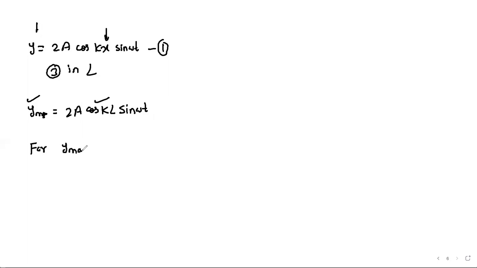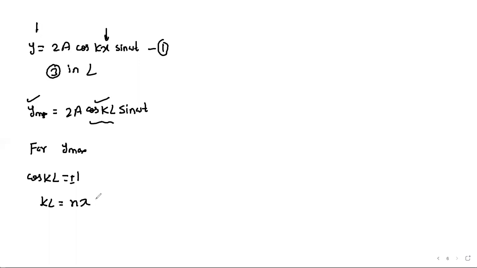So for y max, your cos kL should be equal to 1. This could be maximum only if your cos has the maximum value. Cos kL is 1 if your angle is n pi.